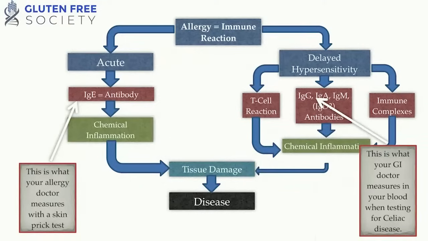But then you also have the delayed responses, and generally when you go to a doctor to figure out what you're allergic to, they're measuring IgG and IgA. Now this is true when it comes to gluten. There's something we call acute wheat allergy. This is one of the reasons why wheat has to be listed on a food label, because it's one of the top 8 most common allergens in the world.